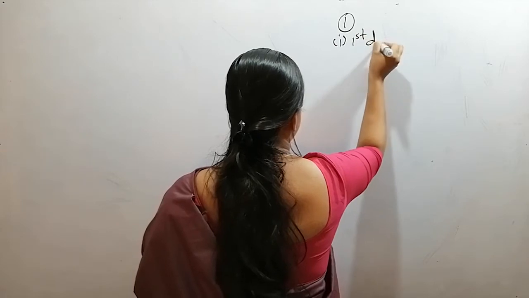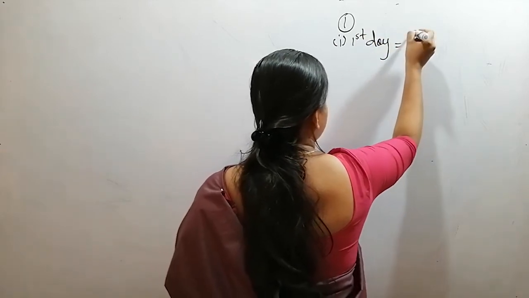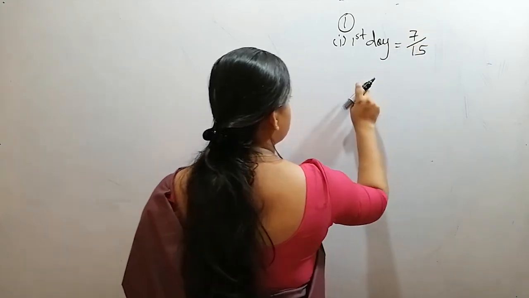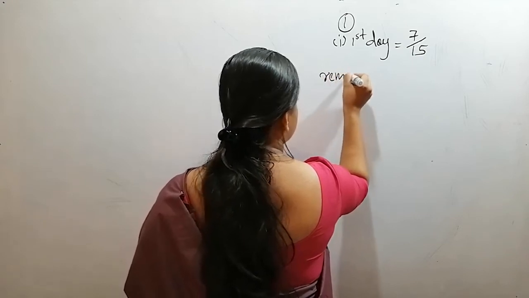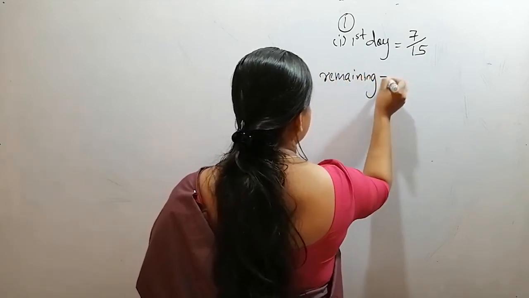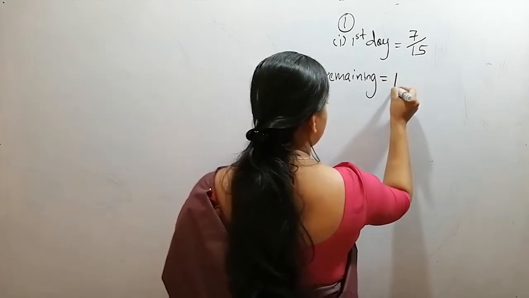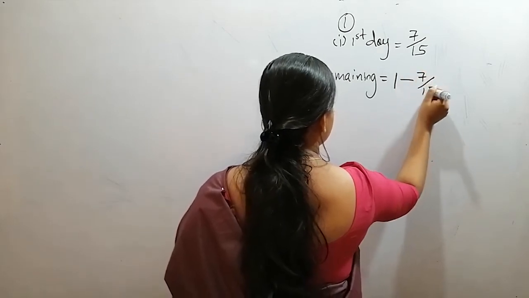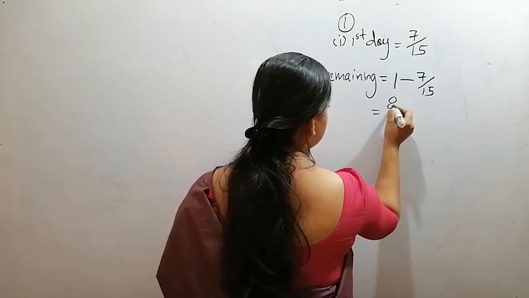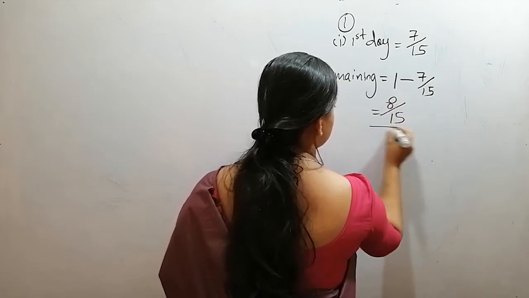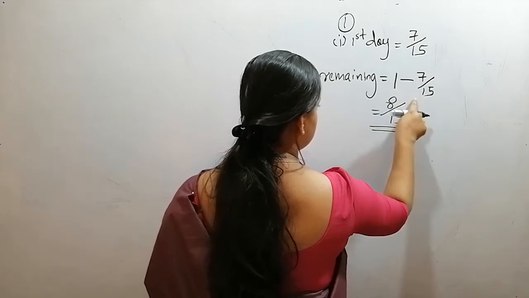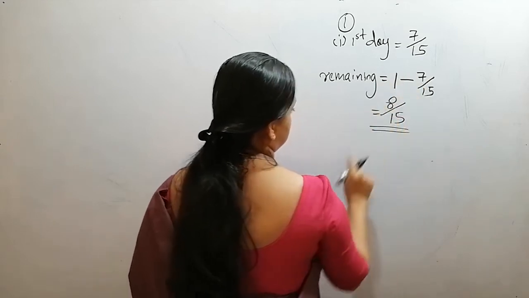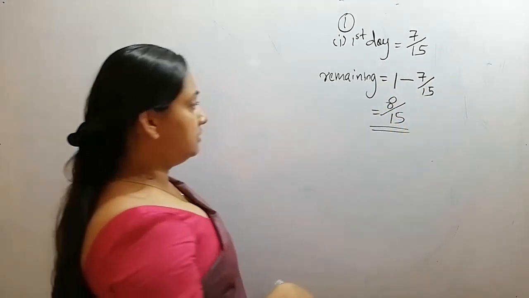Within the first day, the amount painted is 7/15. 15 minus 7 is 8. This is the remaining part.